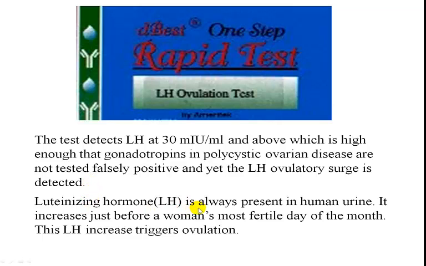So luteinizing hormone, LH, is always present in human urine. It increases just before a woman's most fertile day of the month, and this LH increase triggers the ovulation. We'll look at that more closely when we study the menstrual cycle.